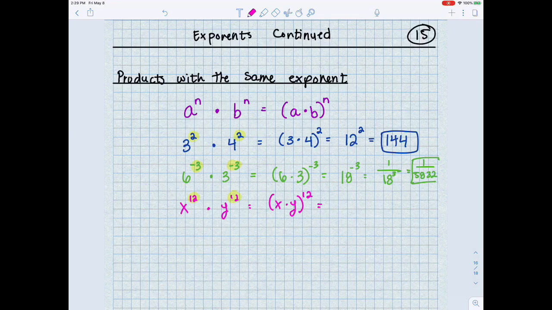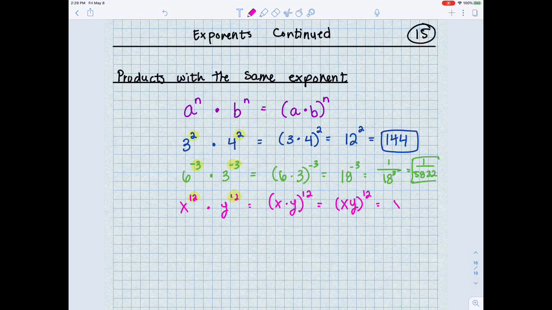I can rewrite this as xy to the 12th power. Now, be very careful here, because if you write xy to the 12th power, that looks like the exponent of 12 only applies to the y. So that's why I leave this xy in parentheses. So do not do this. That means something else. So our final answer, x times y to the 12th power.